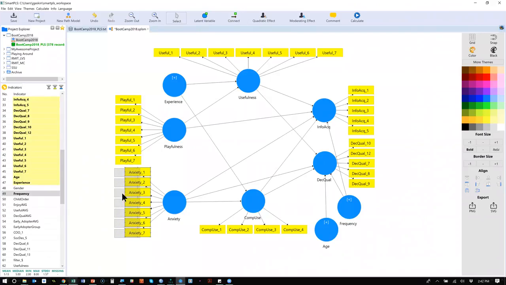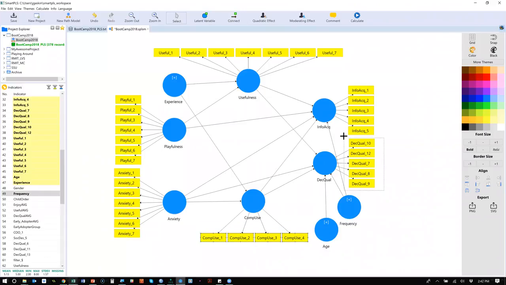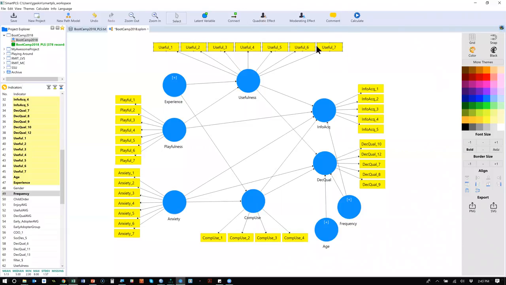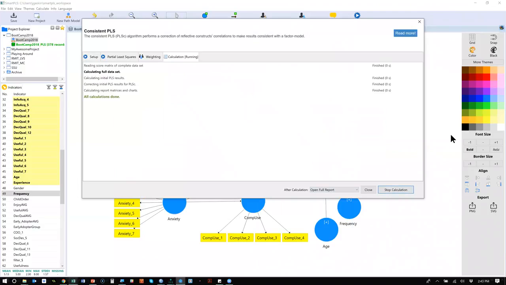I was just trying to get more room in here so we could see our loadings. Sorry, I'm just making it so that we'll be able to see the loadings a little better. Okay, and I'll calculate it again. Start.